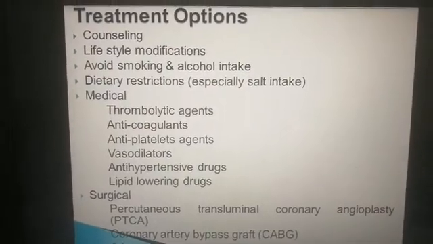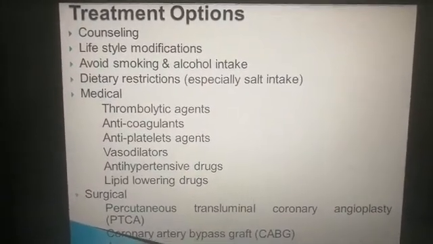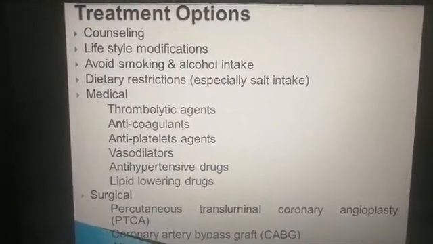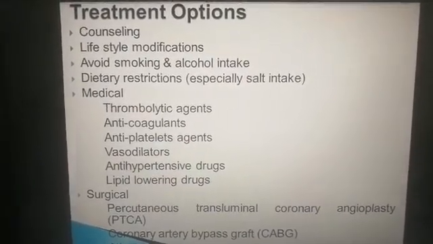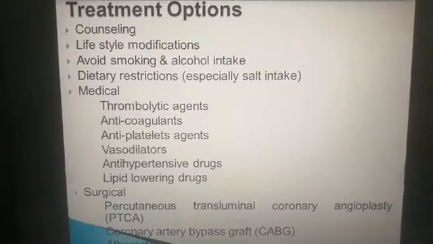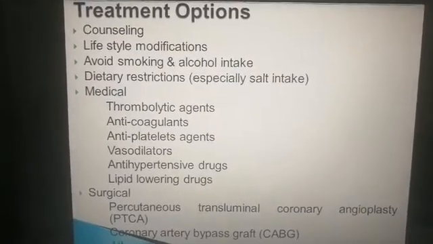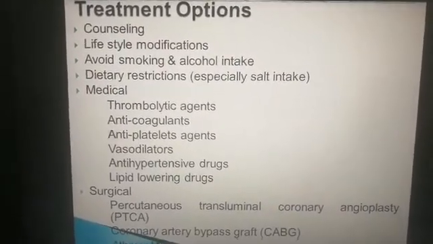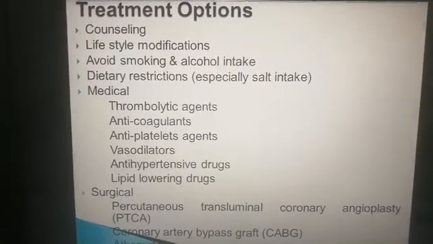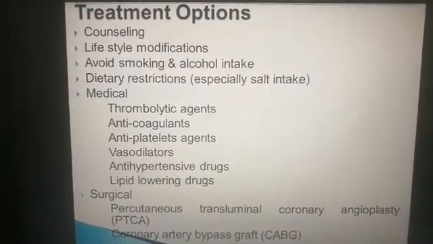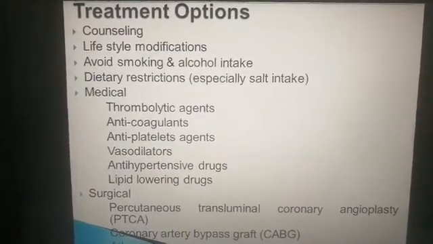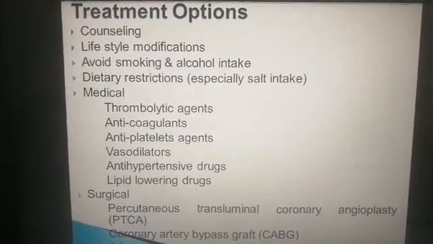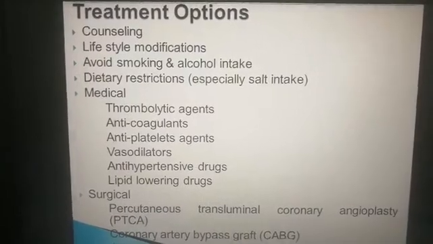And then treatment options: counseling and lifestyle modifications. Lifestyle modifications include exercise and dietary control, and mainly relief of stress and exercise.